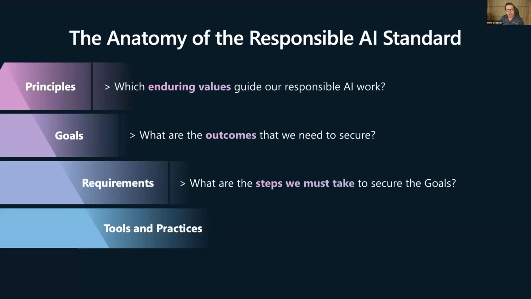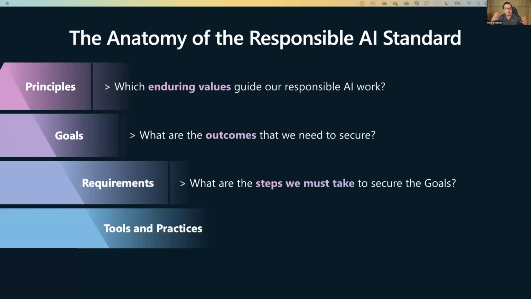Now the next layer, those other ones are still on a high level. So we want to ensure that AI systems are not stereotyping, demeaning, or erasing. We're going to show you that in a second, but that is represented by requirements. The requirements are going to vary based on both the applications and the domain, but also the specific technology.